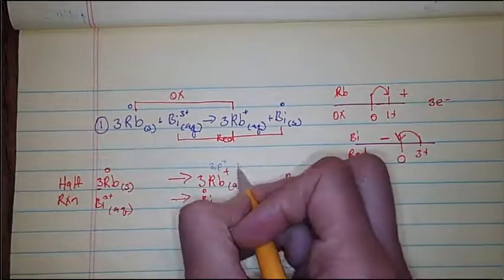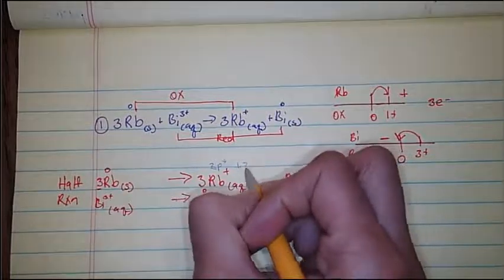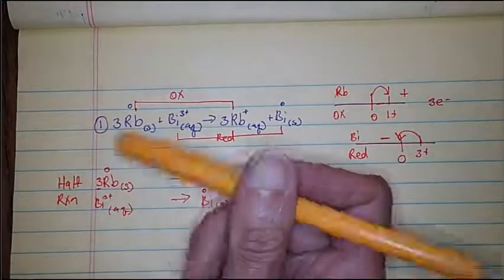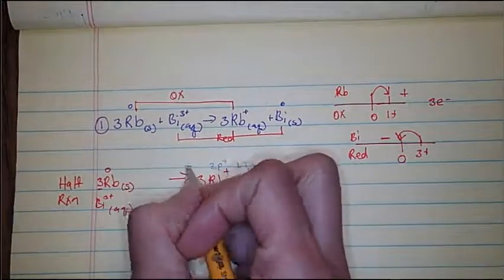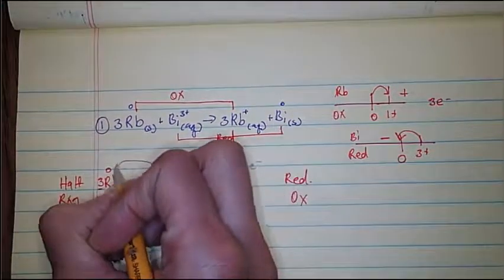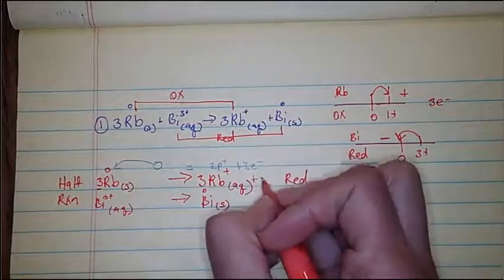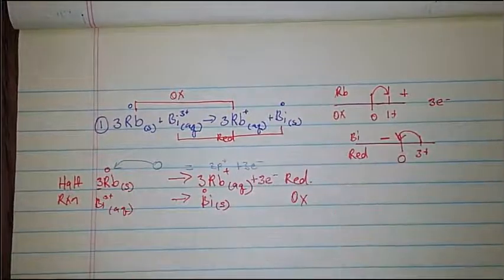So you're going to add on this side 3 electrons to make it equal to 0, which is this charge here. So this is where I'm going to write plus 3 electrons.